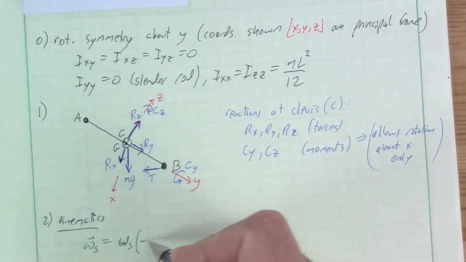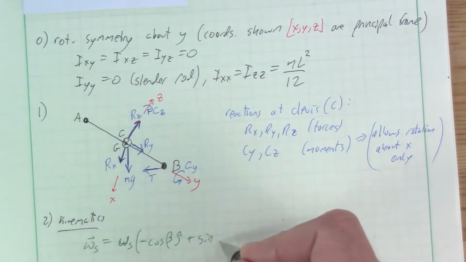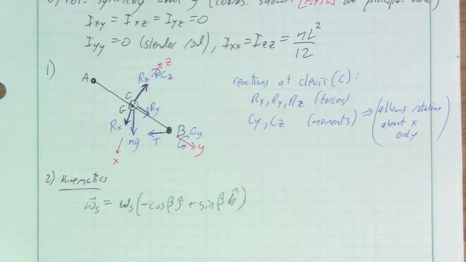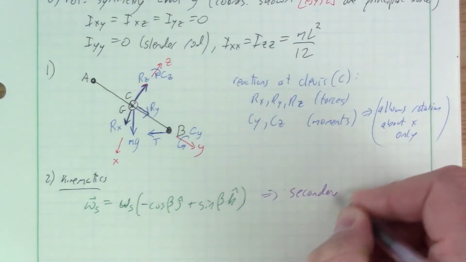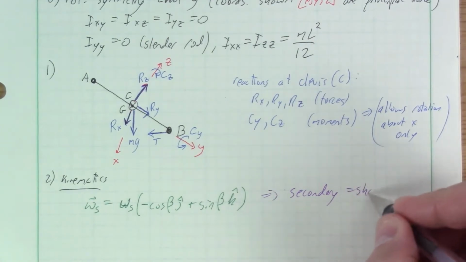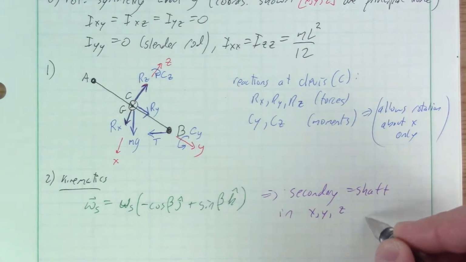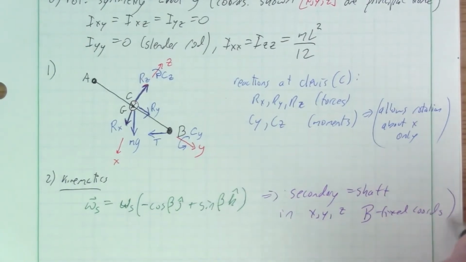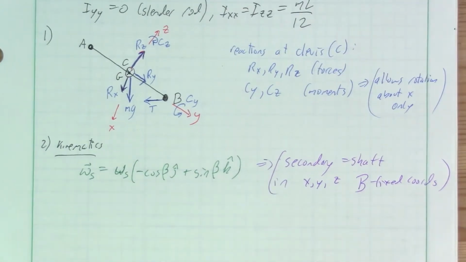So this is minus cosine beta j hat, and then it's in the positive k hat direction, so sine beta k hat. And so this now is the rotation of the secondary, which is the shaft, in the x, y, z body-fixed coordinates. And that's where things get tricky, so we've got to be careful with that.